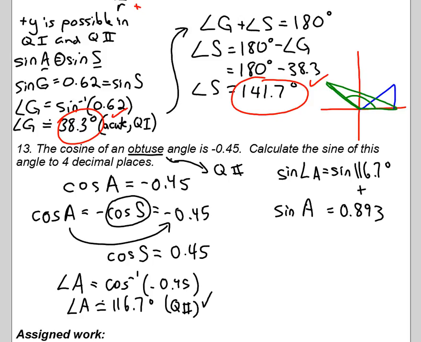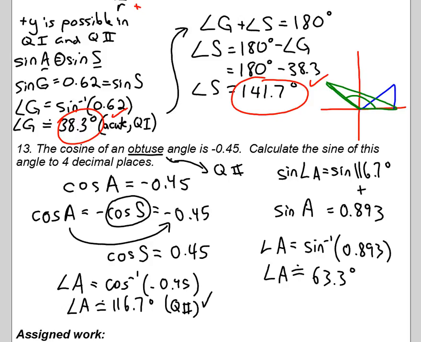Just an interesting little twist on this, just to close out though, is this: if you actually take the inverse sine of 0.893, guess what? Your calculator is not going to give you 116.7 degrees. It's going to give you the quadrant 1 acute angle, and that's just the way the calculator is programmed. So if you take the inverse sine of 0.893 as a ratio, you're going to get 63.3 degrees. Is that a problem?